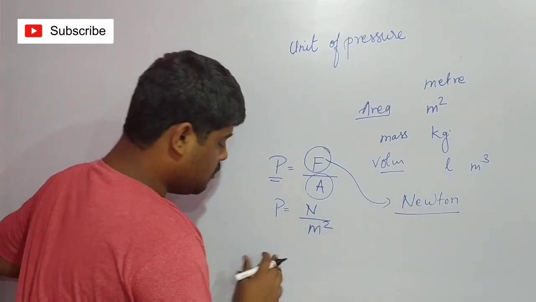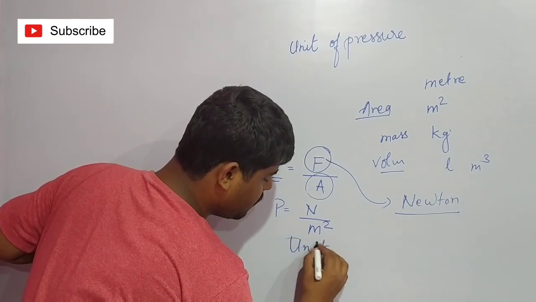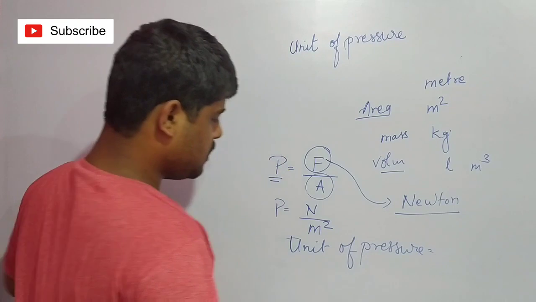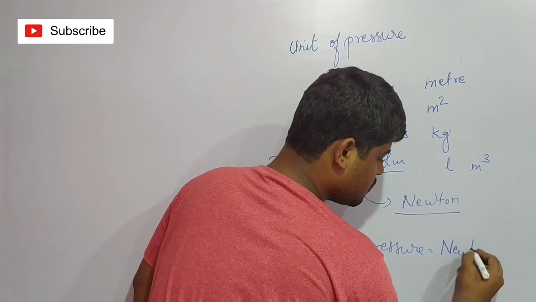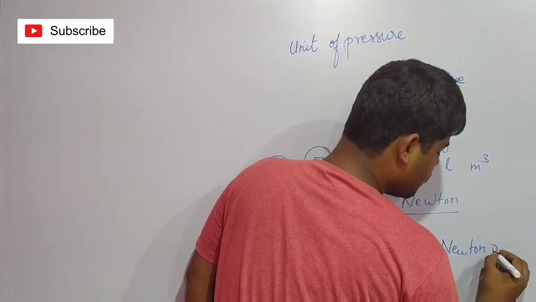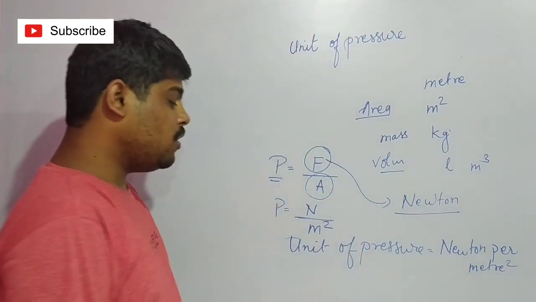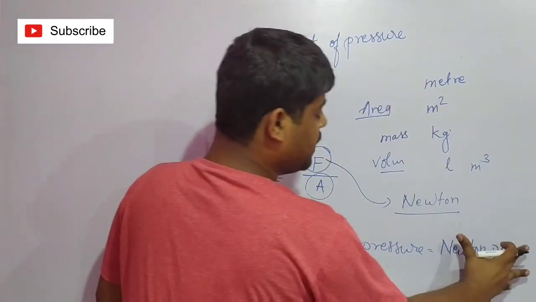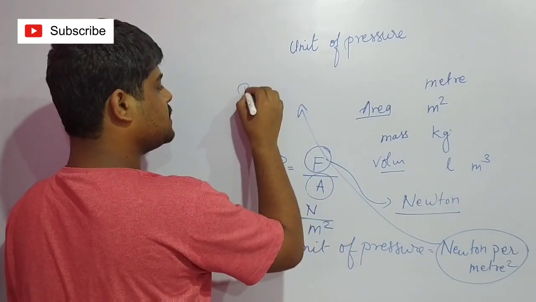So the unit of pressure is Newton per meter square, and this Newton per meter square is combinedly called Pascal.